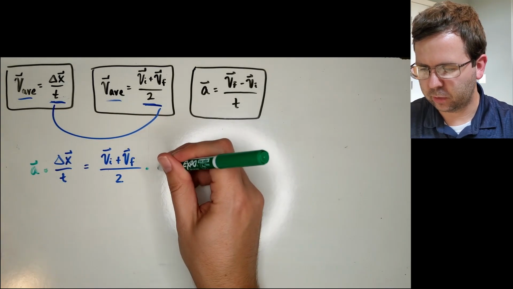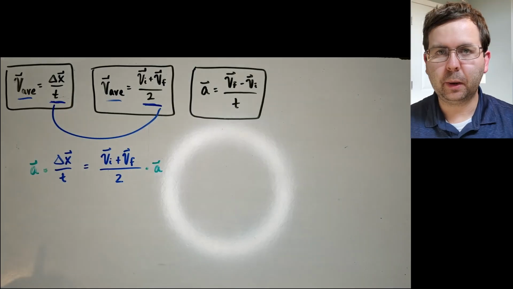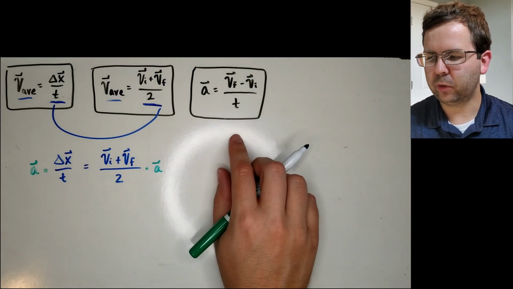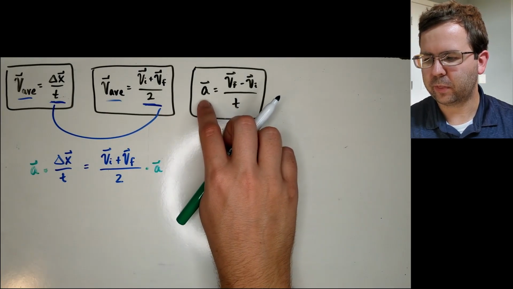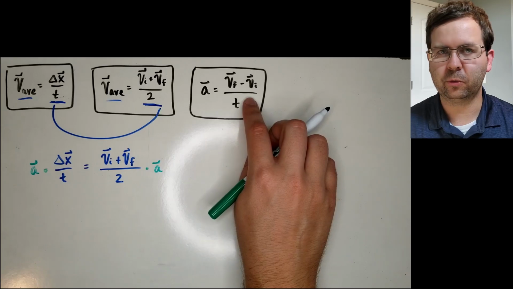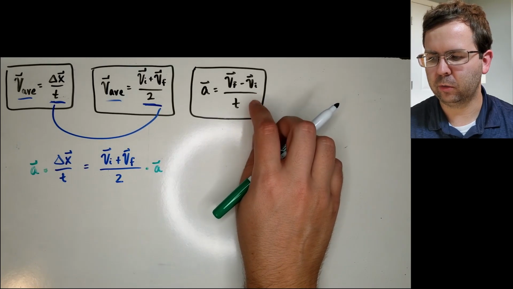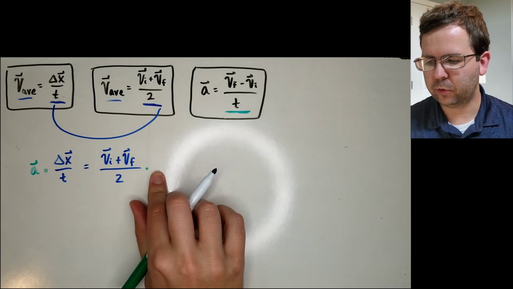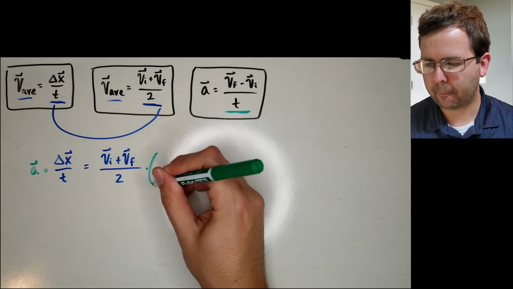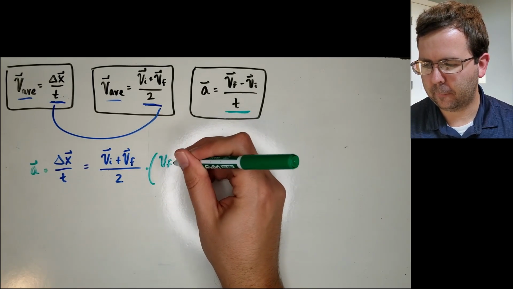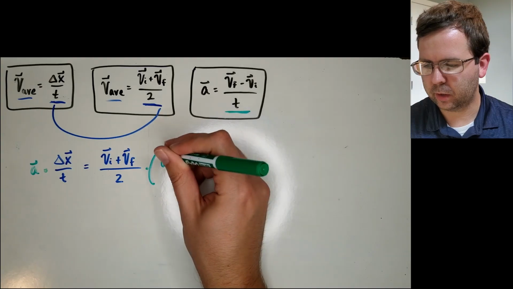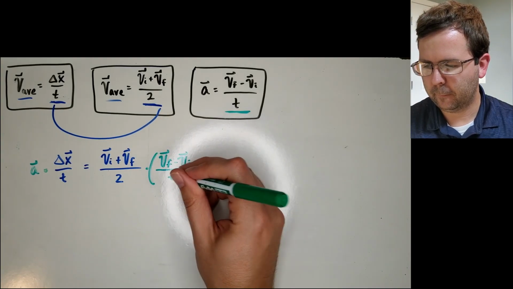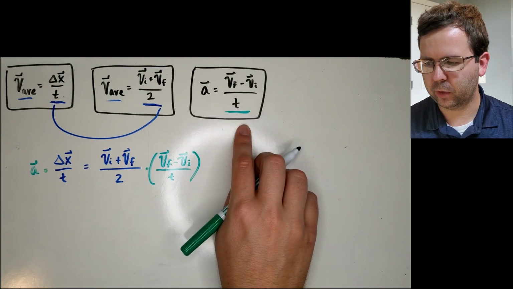Multiply by acceleration on both sides, but I want to take advantage of this equation, specifically the fact that acceleration is equal to the final velocity minus initial velocity over time. I want to take this part of the equation and substitute it here. So now I'm multiplying on the right side of the equation by the right side of this equation.